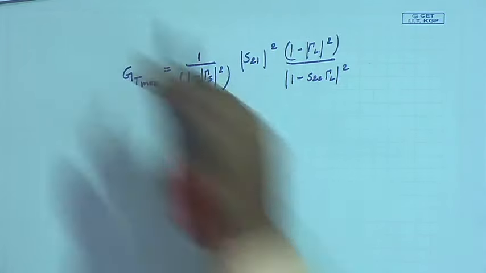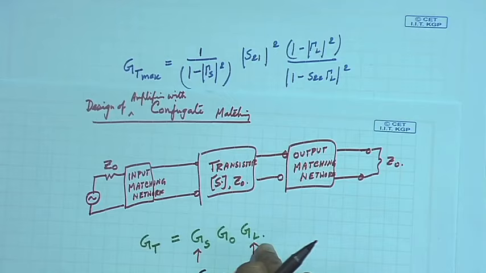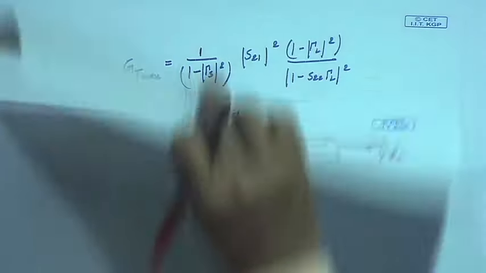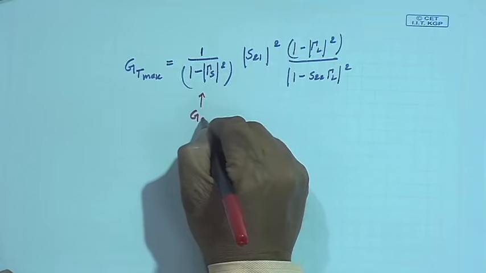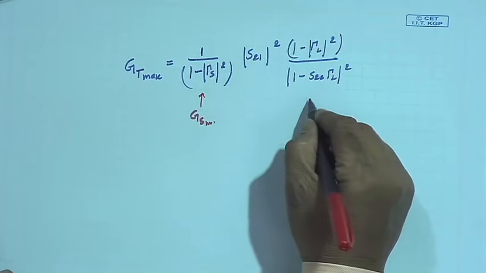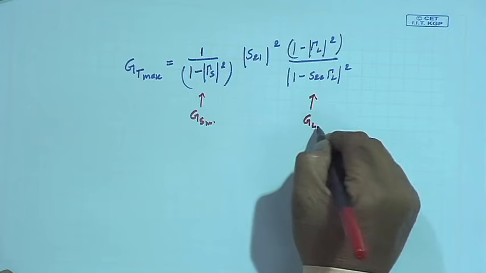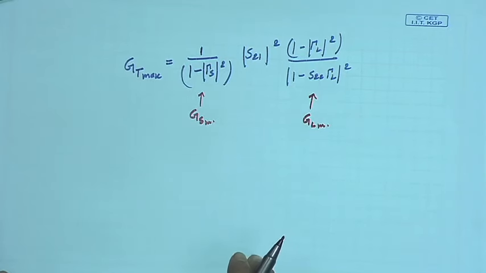With our nomenclature GS, G naught, GL, this is my GS maximum, and this is my GL maximum.